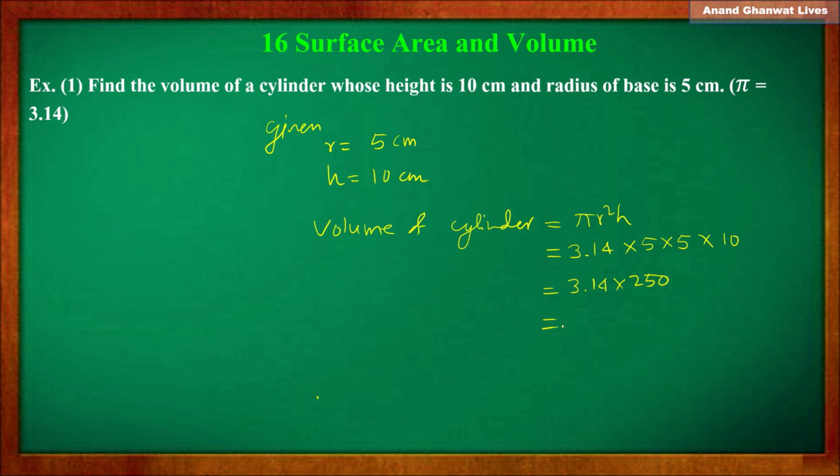So multiply it and find the answer. So what is the answer? Very good, 785. Now the unit for volume of cylinder, if lengths are in centimeter, is cubic centimeter. So volume of cylinder is 785 cubic centimeter.